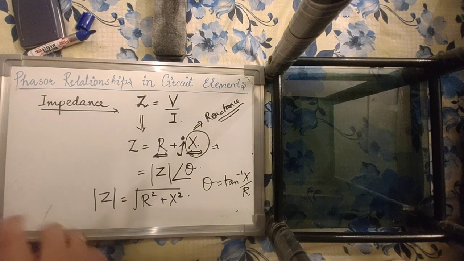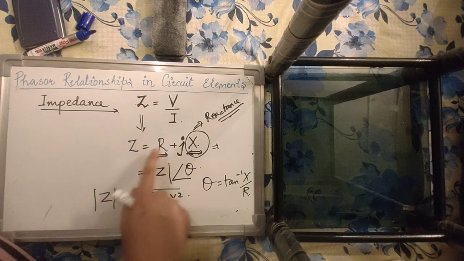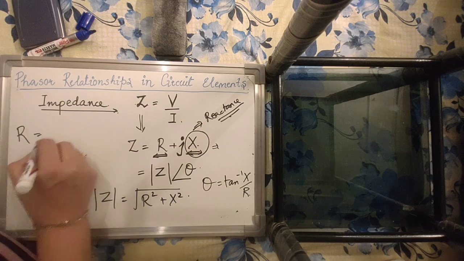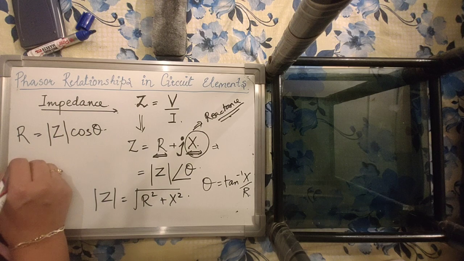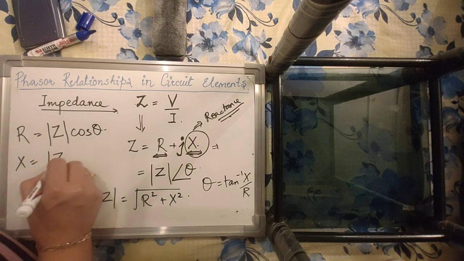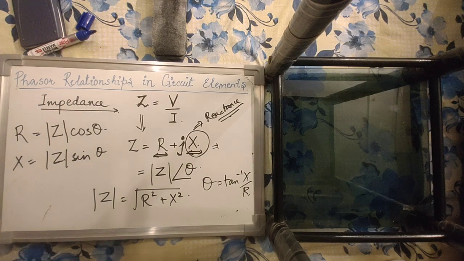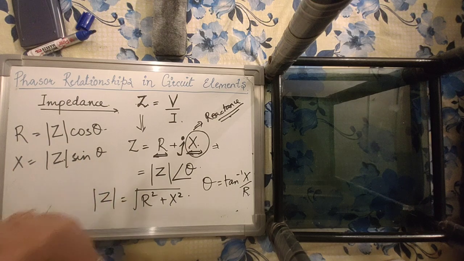If I have information about theta and magnitude of Z, but I do not know R and X, then I can find R and X as R is Z cos theta and X is Z sin theta. So that is about finding R and X of a circuit if I know the magnitude of the impedance.